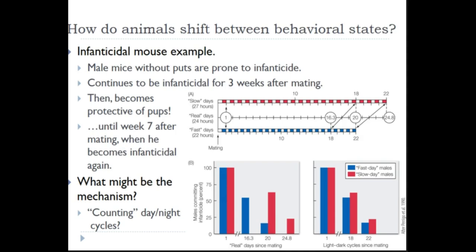These would be the actual days, but the individuals on the slow days wouldn't actually hit that 20 light-dark cycles until over here. This is like 3 or 4 days later. Whereas those individuals on the fast light-dark cycle would reach 20 light-dark cycles, instead of after 20 days, around here, more like 18 actual days.